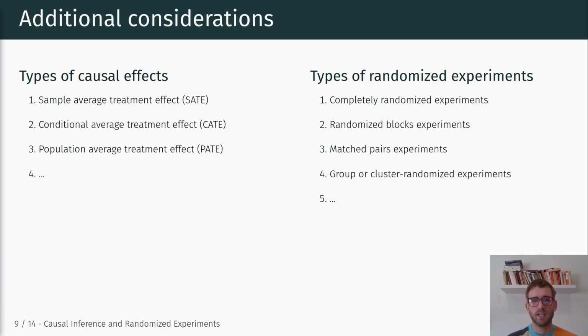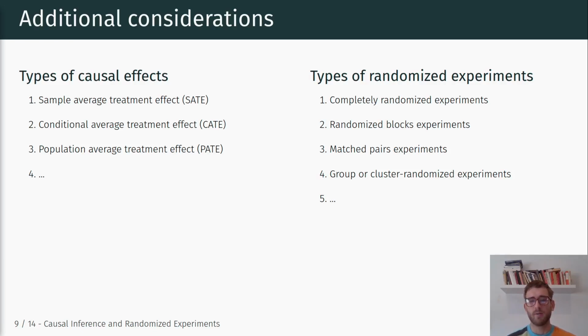And then lastly, we have group or cluster randomized experiments. This is, for example, the case where we run an experiment in a school, and it's pretty hard to randomly assign individual students to certain conditions in the classroom. So instead, we randomize by class, assigning different classes to treatment and control groups.